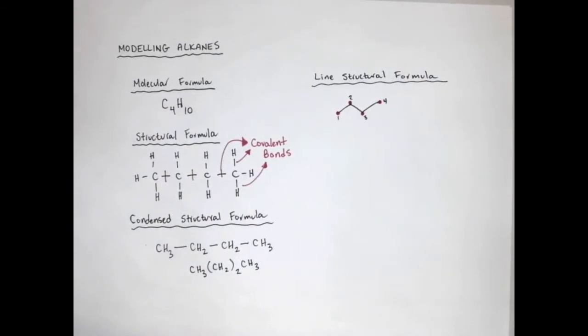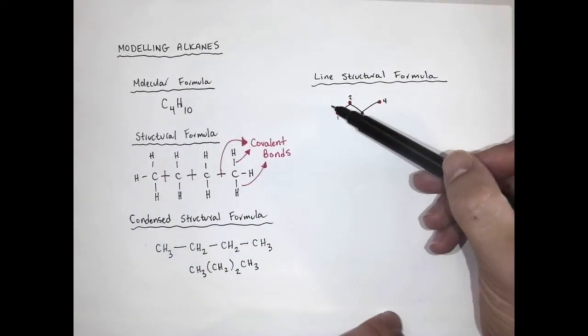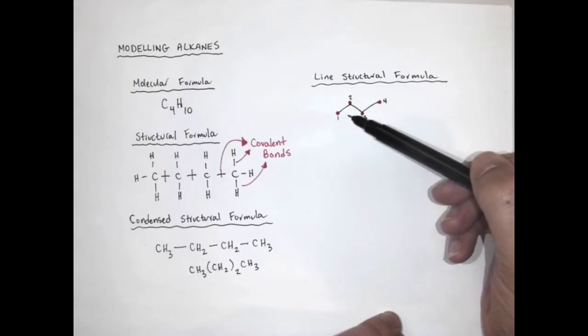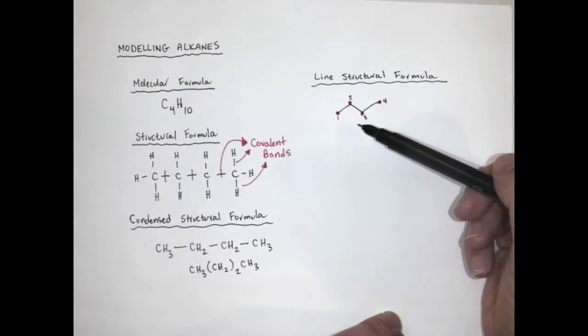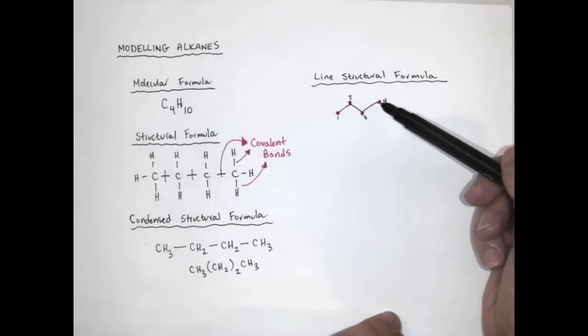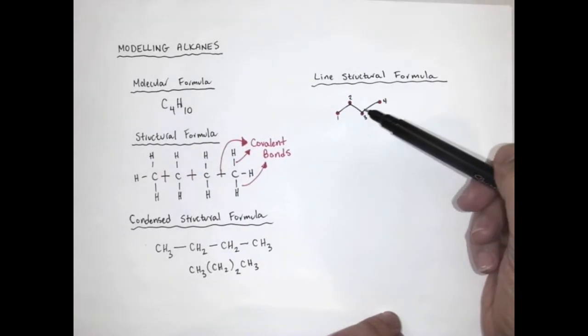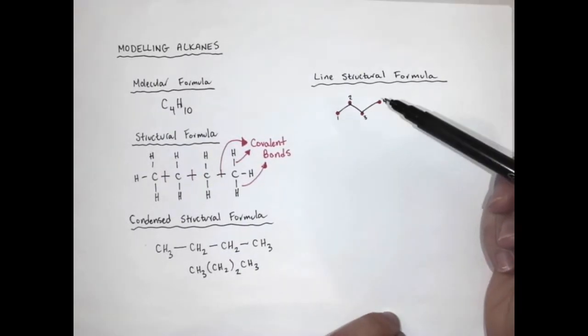With a line structural formula, I do not need to show the hydrogens. We assume that the hydrogens will be loaded up on these carbon atoms. I don't write individual C letters to represent carbons, because those are represented by the points on the zigzag.